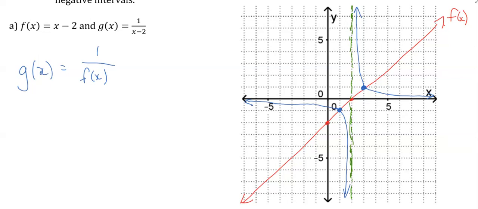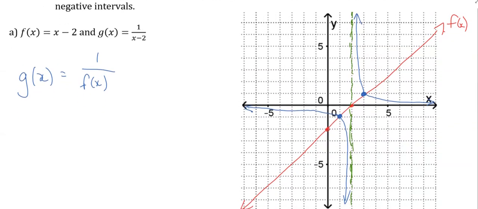Getting smaller. Now, at this point, it's getting really small, so what's the reciprocal doing? Getting bigger. And then we are supposed to state the asymptotes. So this has a vertical asymptote at x equals 2. It has a horizontal asymptote at y equals 0.